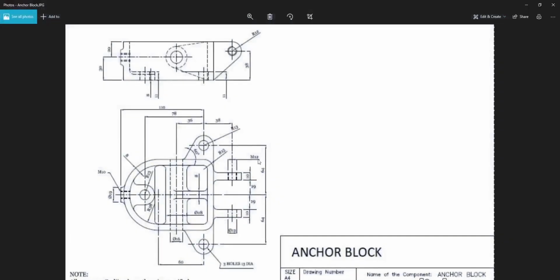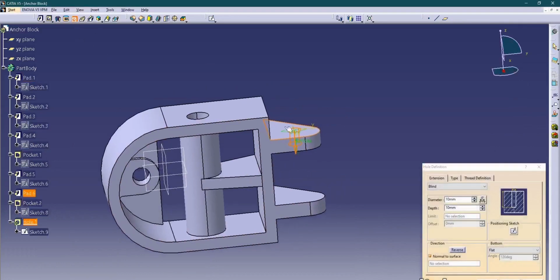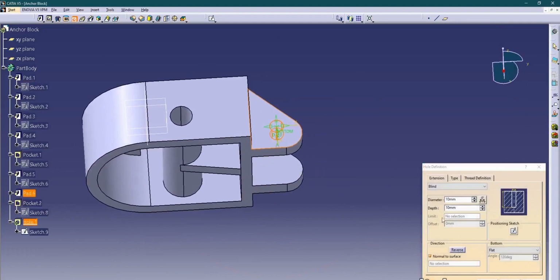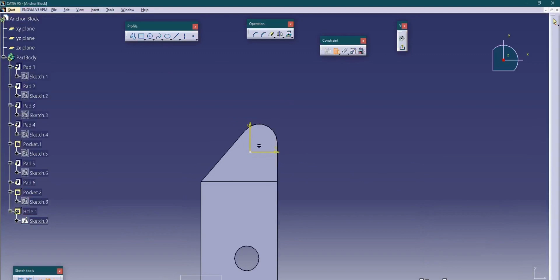Now we need to make a hole of M12. Okay. First of all, let's do the positioning, making them concentric.